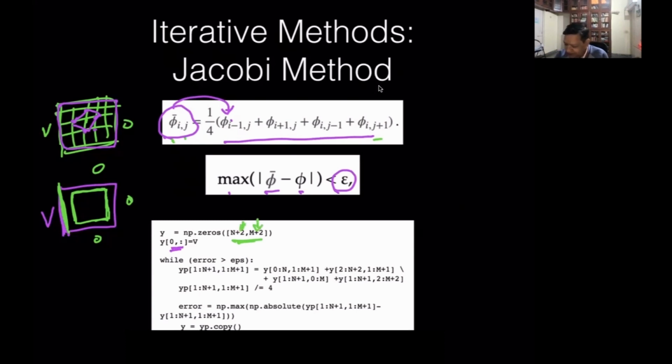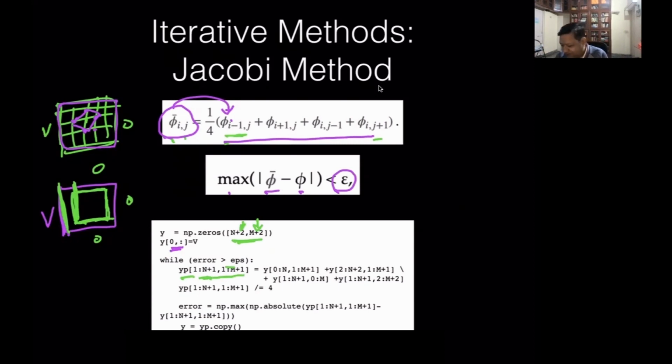Now, while error is greater than epsilon, I'm going to show you what error is a bit later. Here we can do a vectorized operation. You don't need to do a loop. Don't loop for this computation. So we do the vectorized operation 1:n+1. I start from 1 up to n+1 along the x direction, and the y direction is 1 to m+1, going in the vertical direction. So this one is the average.